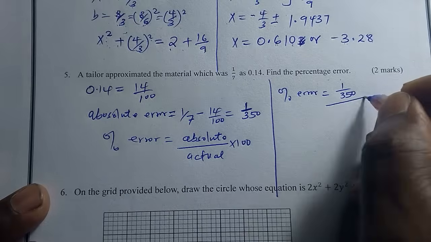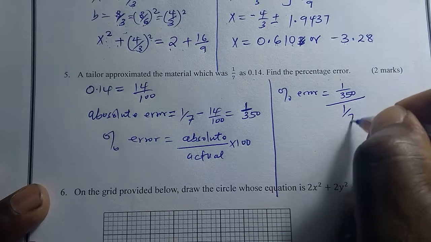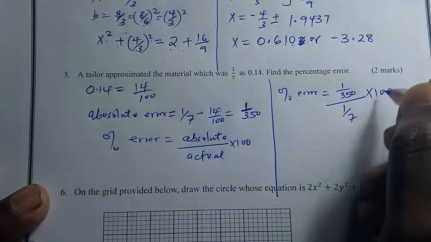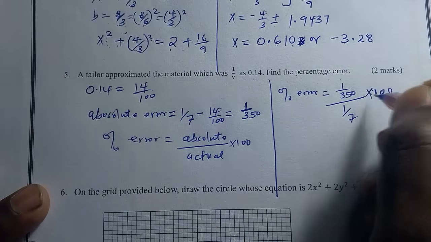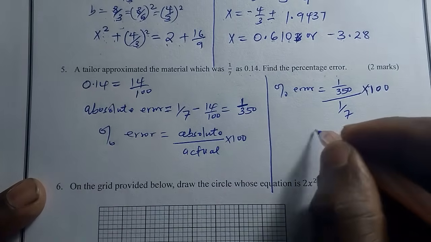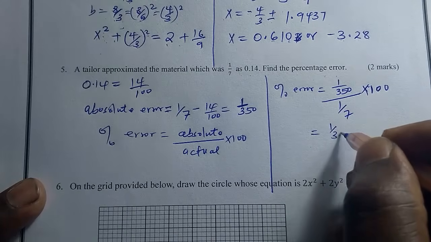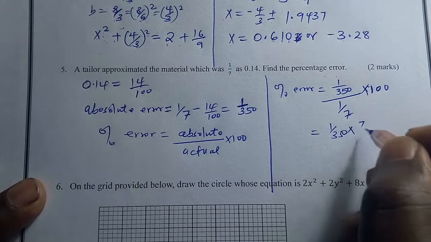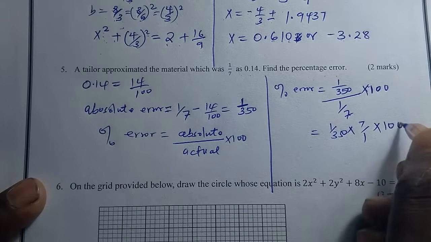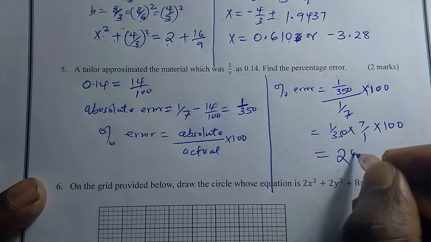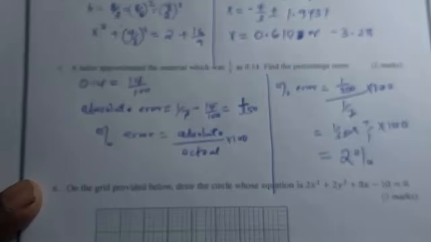You divide by the original, which is 1 over 7, then times 100. You can put it in decimal places or this way. This is the same as how we divide fractions. It is 1 over 350 times the reciprocal of this, 7 over 1, then times 100. And you find that that one is 2%. So the error is 2%.